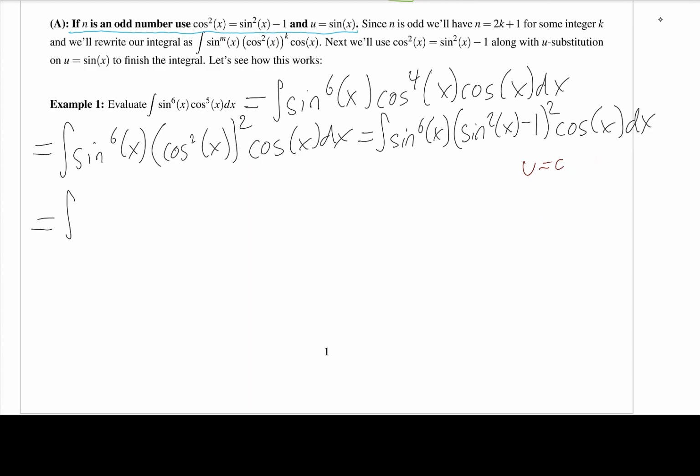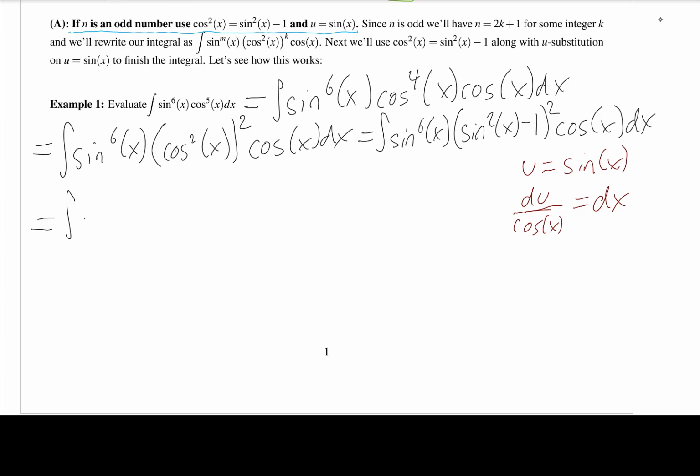We should be using u equals sine of x. Whoops. And so hopefully in a couple seconds you'll see why I figured that out so quickly. The reason we're choosing u equals sine of x is because I want this right here to cancel out this cosine of x. So let's see how that happens.